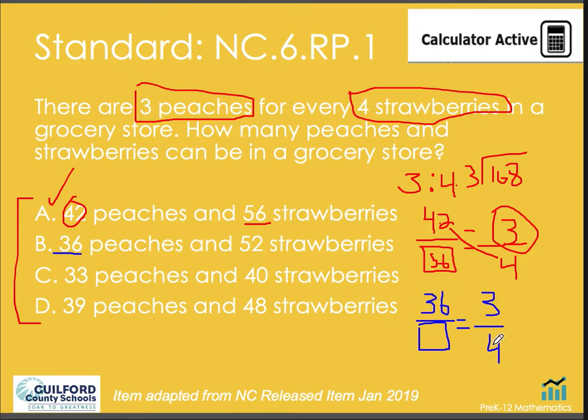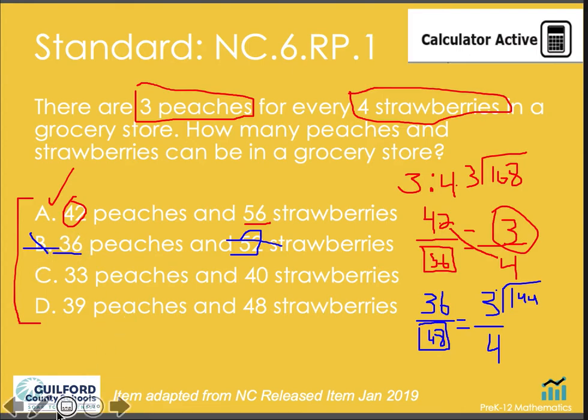When I multiply 36 by 4, I get 144. I'm going to divide that by 3, and I get 48. So guess what? This number is not 48, so I'm going to mark this off. B is not the right answer.